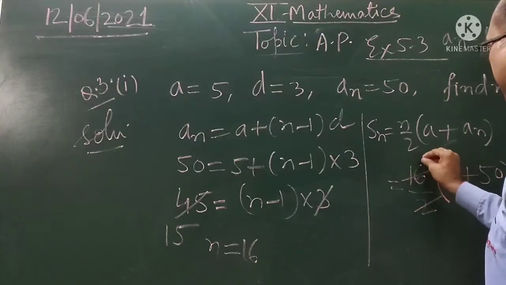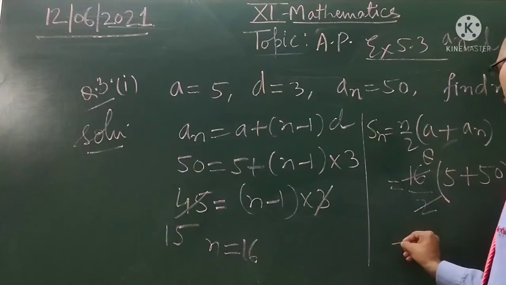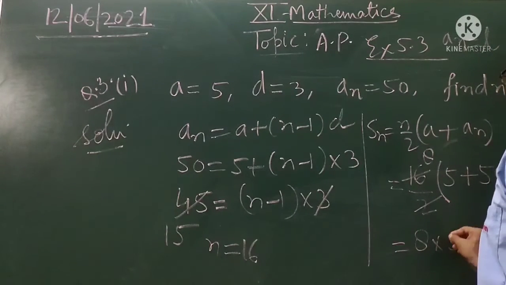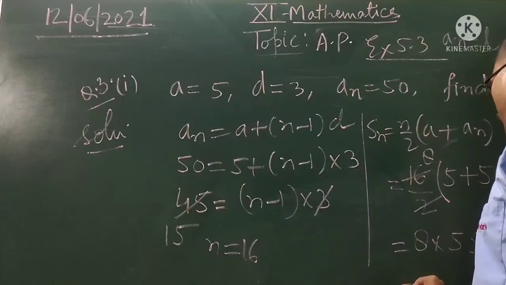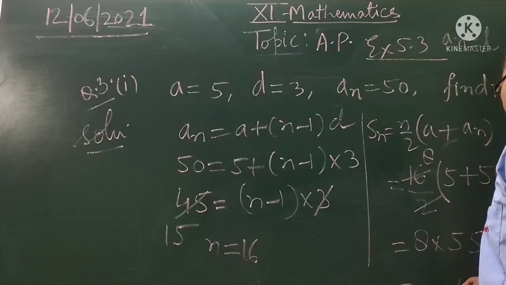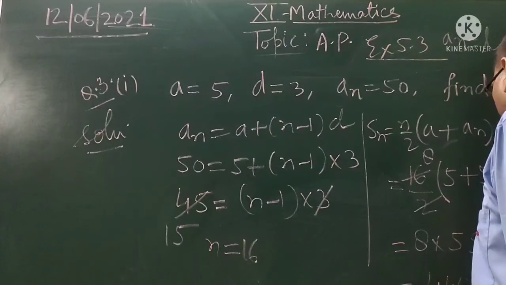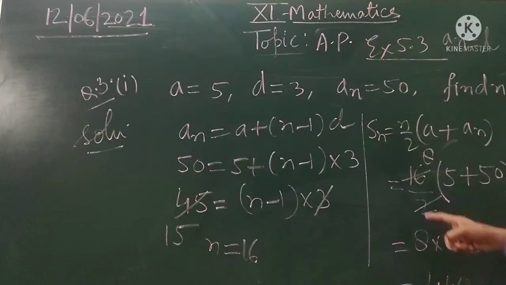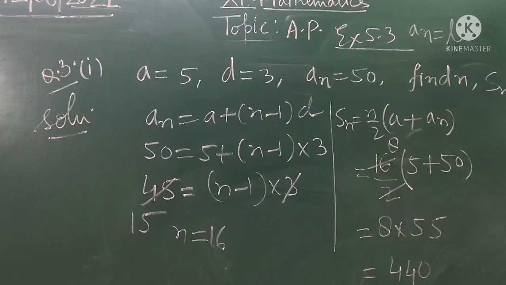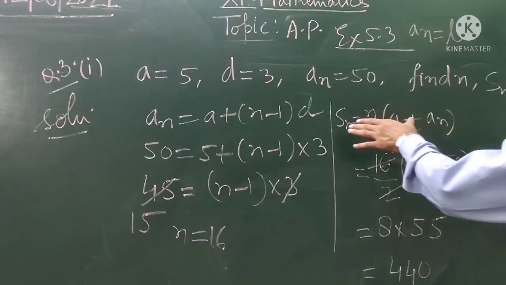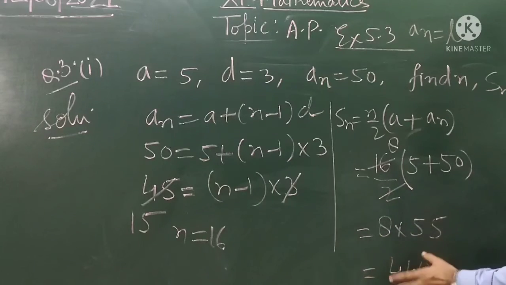Then it is 8 into 55. Now 8 5s are 40, carry 4, 8 5s are 40 and 4. So the sum of n terms is 440. This way we will find the sum of n terms. Sn equal to 440.